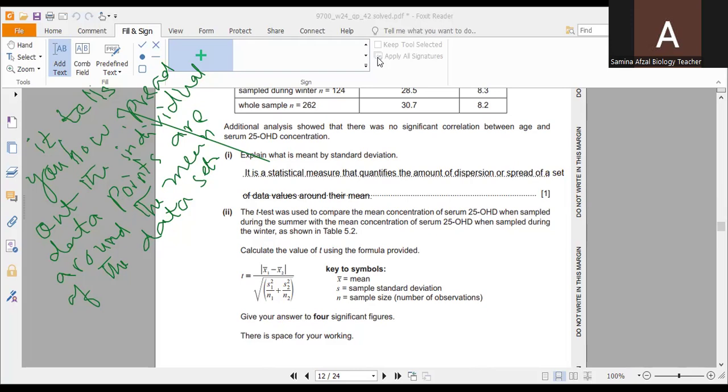So actually, it shows the distance. Zero standard deviation means that all the data points in the set are identical to the mean. So there is no variability. High standard deviation shows high variability, low standard deviation shows low variability. When there is zero standard deviation, it means there is no variability.